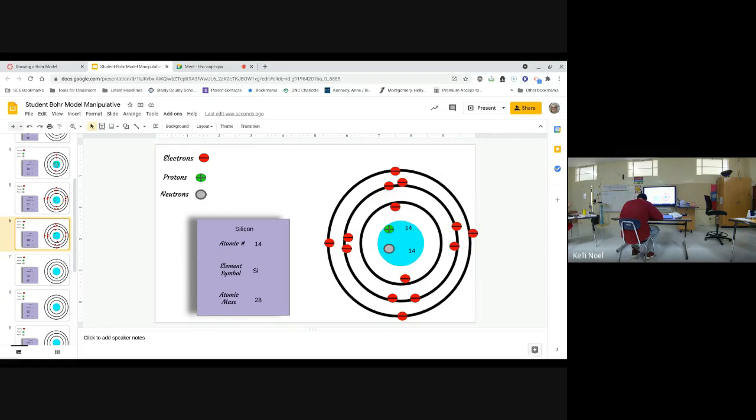Now, normally I'd have you draw these out on paper and all this, but this gives you a little different way of doing it. More of a manipulative, even though it's kind of tedious.